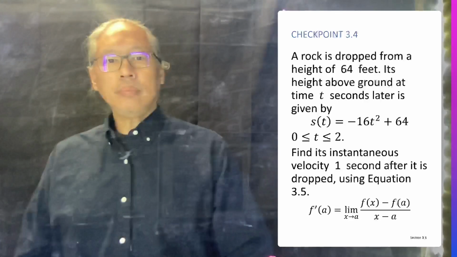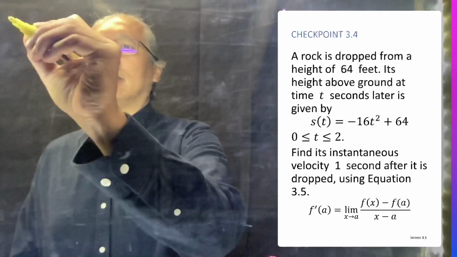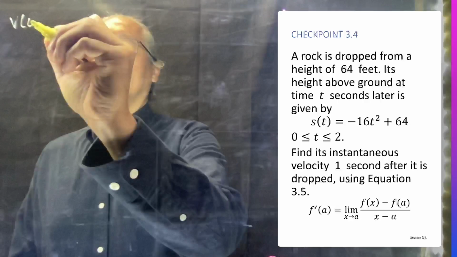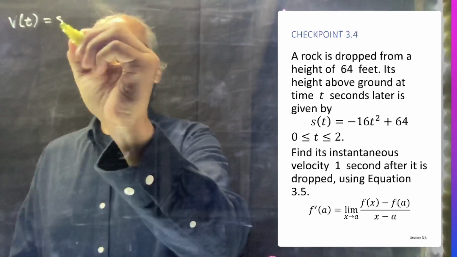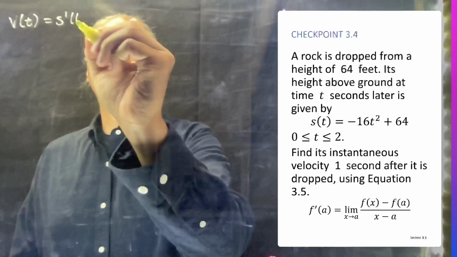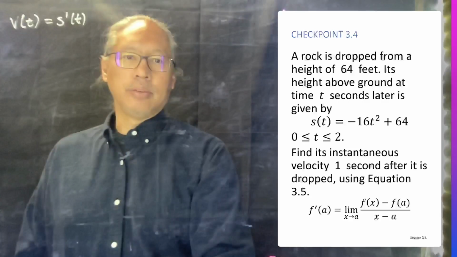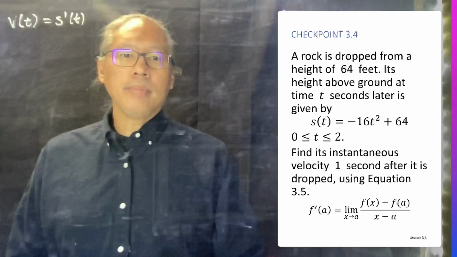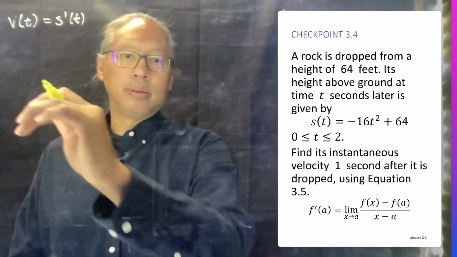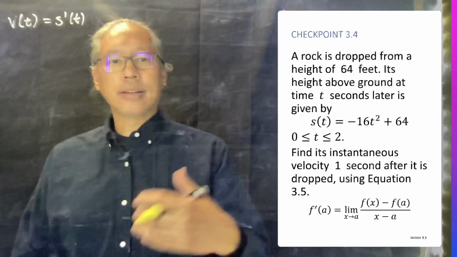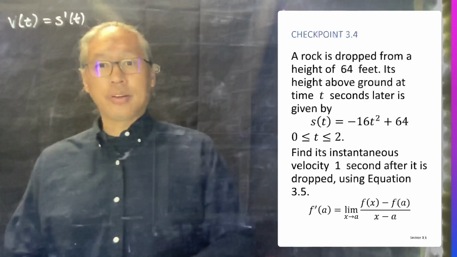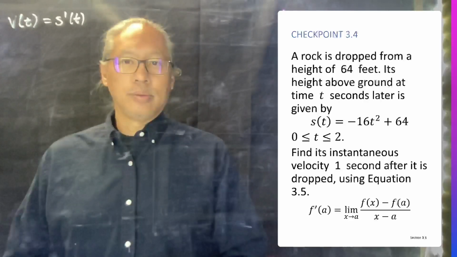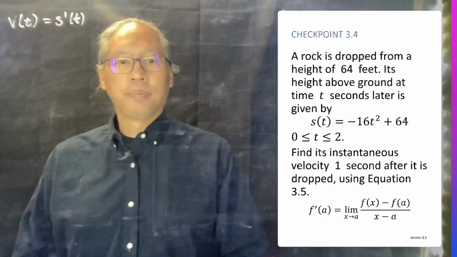Okay, so the instantaneous velocity, we'll call it v of t, is actually the derivative of s, and we see that the derivative is written there. This describes the rock falling, and so how fast is it falling 1 second after it was dropped is essentially what we're looking for.